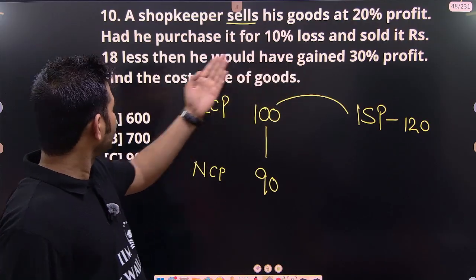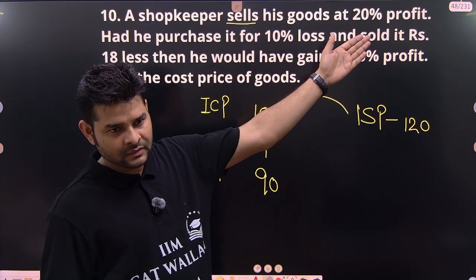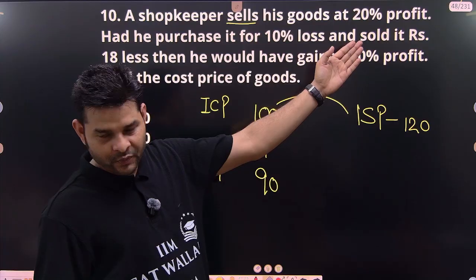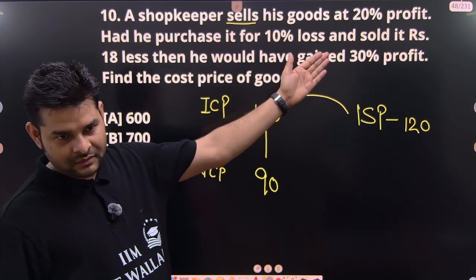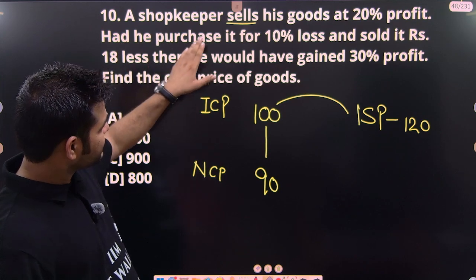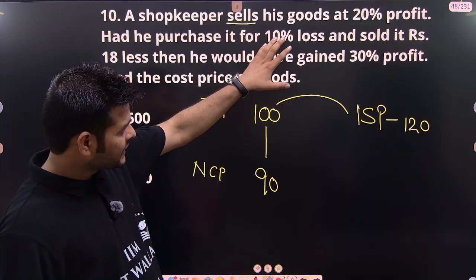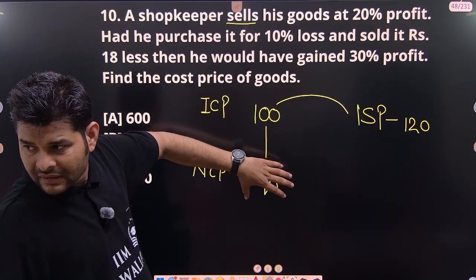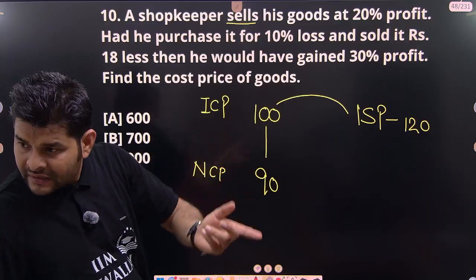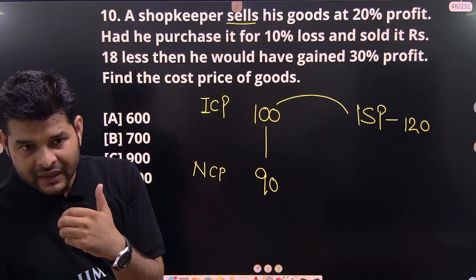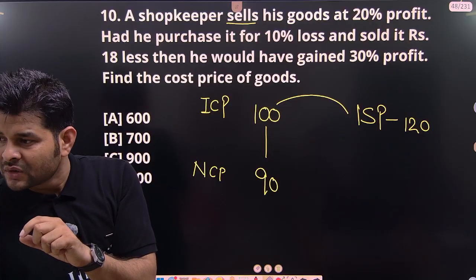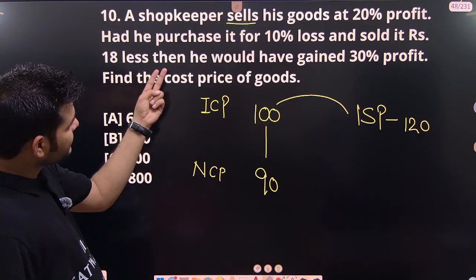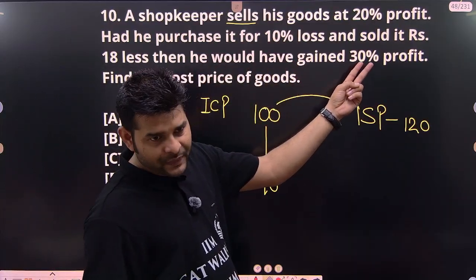Guys, you need to read ahead again. There is no full stop over here. Is there a full stop? So the thing is not complete yet. Had he purchased it for 10% loss and sold it for rupees 8 less, then he would have gained 30% profit.